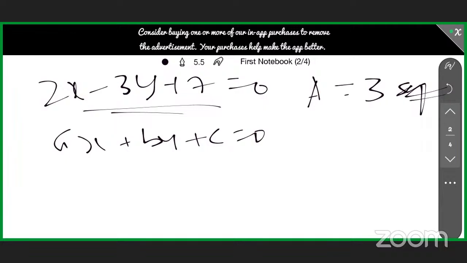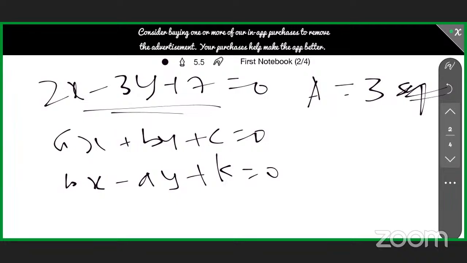No, just now I taught you. It is bx minus ay plus some k is equal to 0. For parallel lines, if ax plus by plus c is equal to 0, it will become ax plus by plus c1 or c2 is equal to 0.